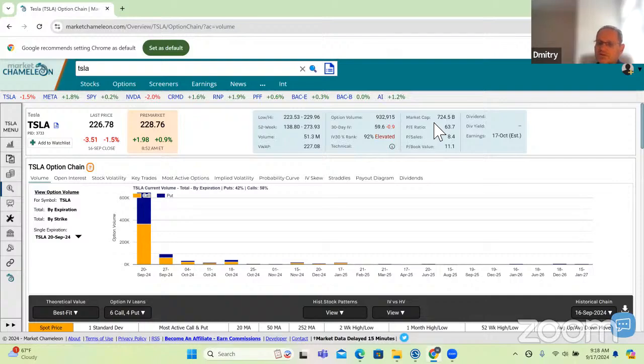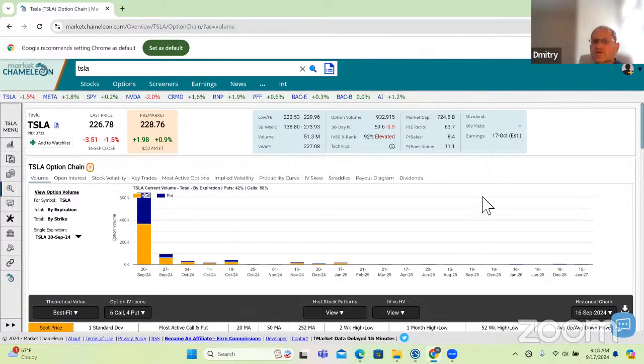And the next expiration, September 27th, had some volume, but significantly less based on these volume bars. So now we see that people are using options in Tesla on the very short end of the maturity. That's how people have been trading it yesterday, and it looks like that's how the end users are utilizing the Tesla options.